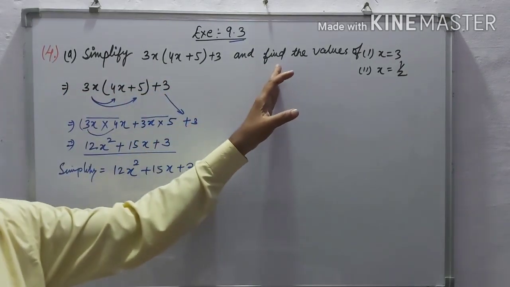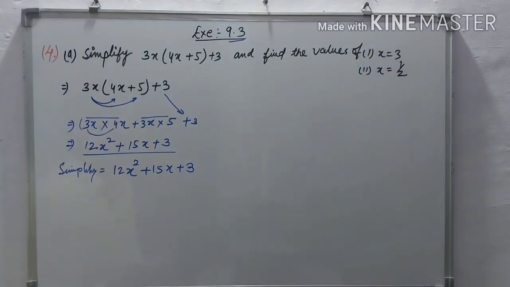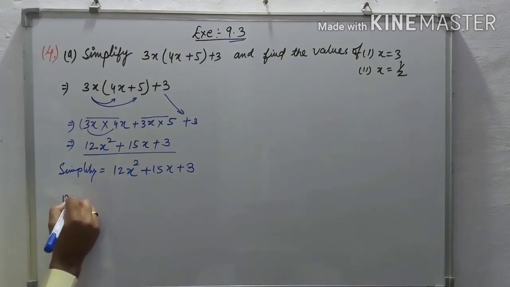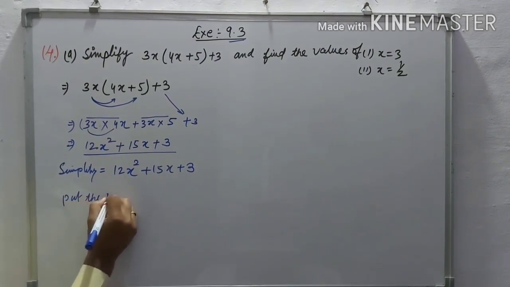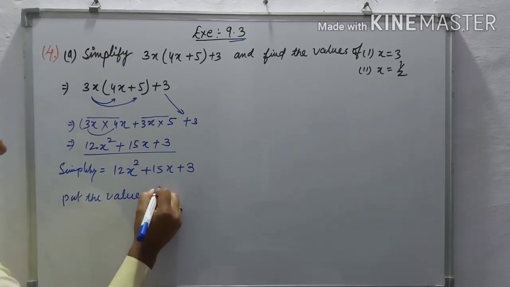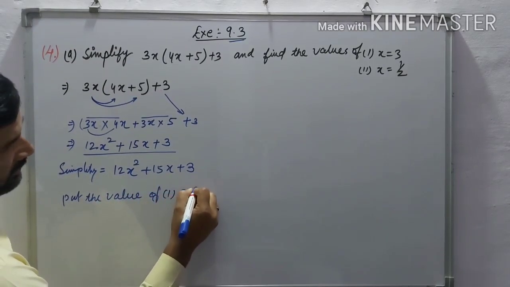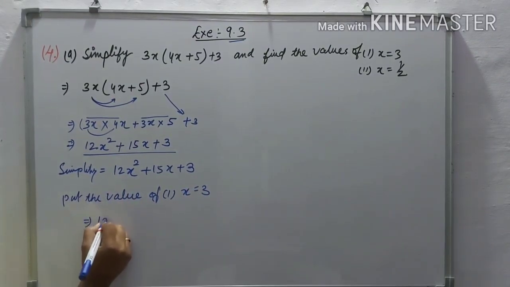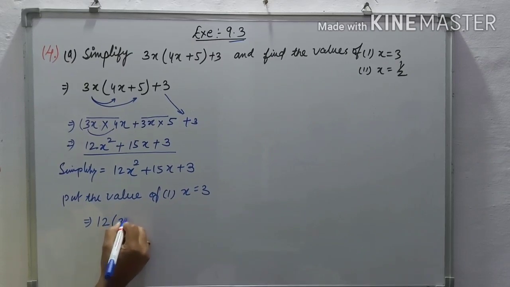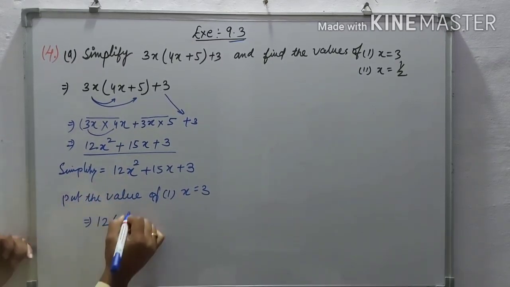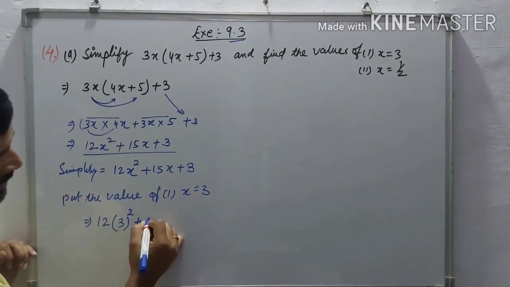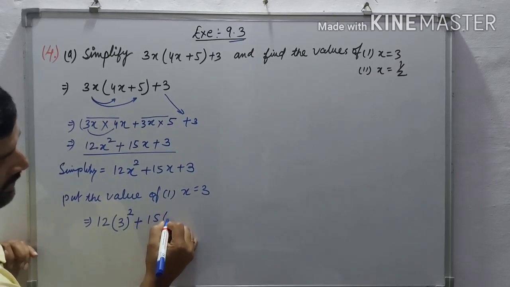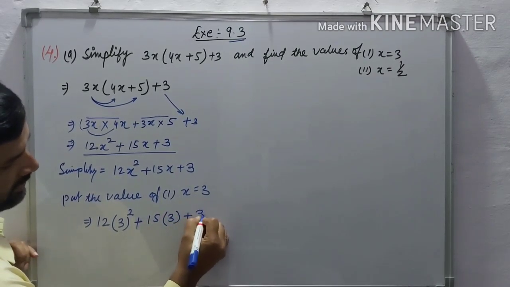Now the second part is to find the value of x is equal to 3 and x is equal to 1 upon 2. Okay, so now solve, put the value of first, x is equal to 3. Then we write 12 times the value of x, 3, to the power 2, plus 15 times 3 and plus 3.